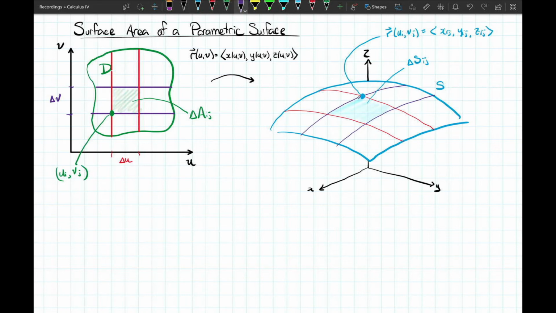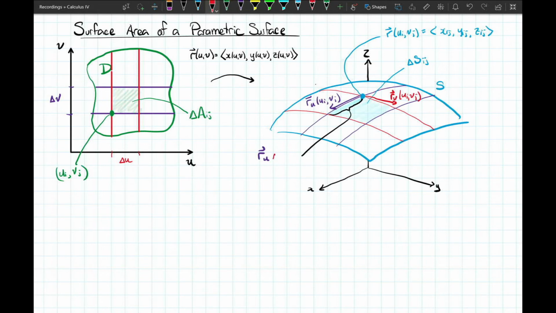We already know how to find two tangent vectors, and those tangent vectors would be the partial derivative of r with respect to v, evaluated at u_i, v_j, and the partial derivative of r with respect to u, evaluated at u_i, v_j. And each of those is the rate of change of those grid curves. If we wish to approximate what the length of this curve is from one grid curve to the next grid curve, we can take that partial derivative, r_u, and multiply that by a small change in u.